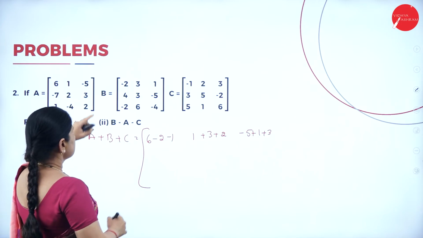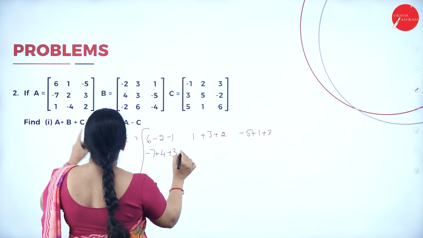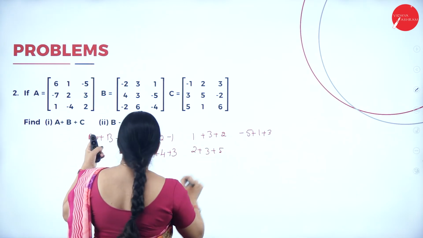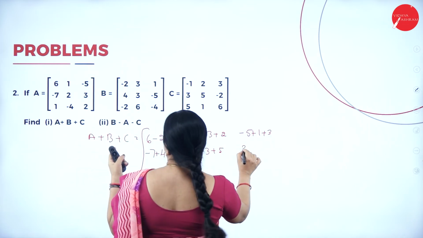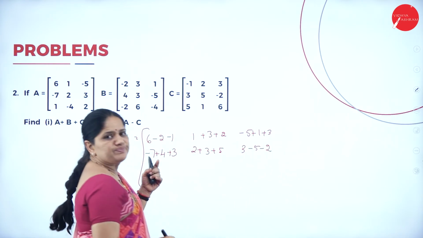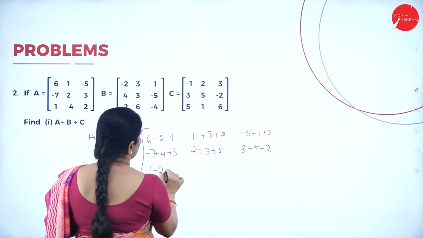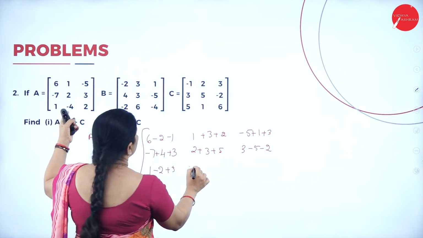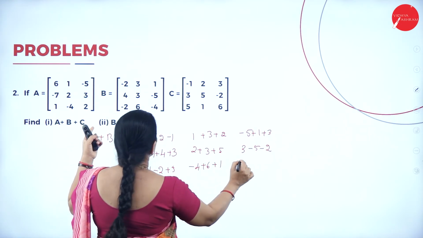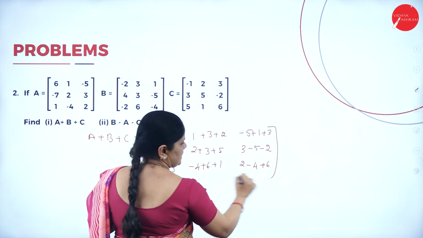Now here minus 7 plus 4 plus 3, 2 plus 3 plus 5, 3 minus 5 minus 2. Next one will be 1 minus 2 plus 5, minus 4 plus 6 plus 1, 2 minus 4 plus 6.